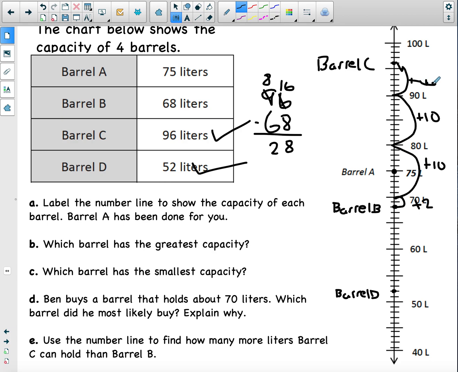Okay, so 10 plus 10 is 20. 20 plus 6 is 26. Plus the last 2 is 28. So I still get 28 liters as my answer.